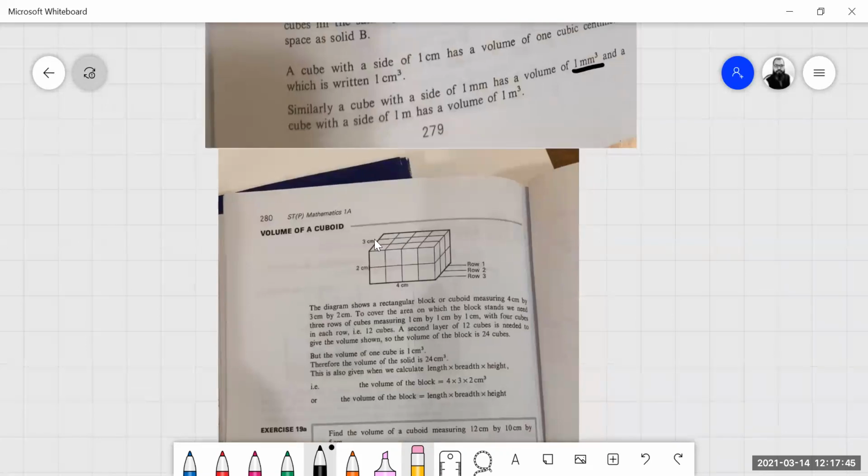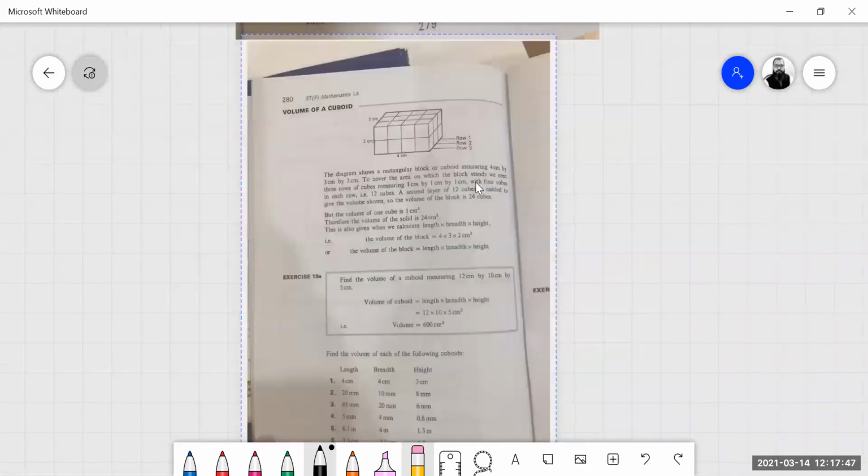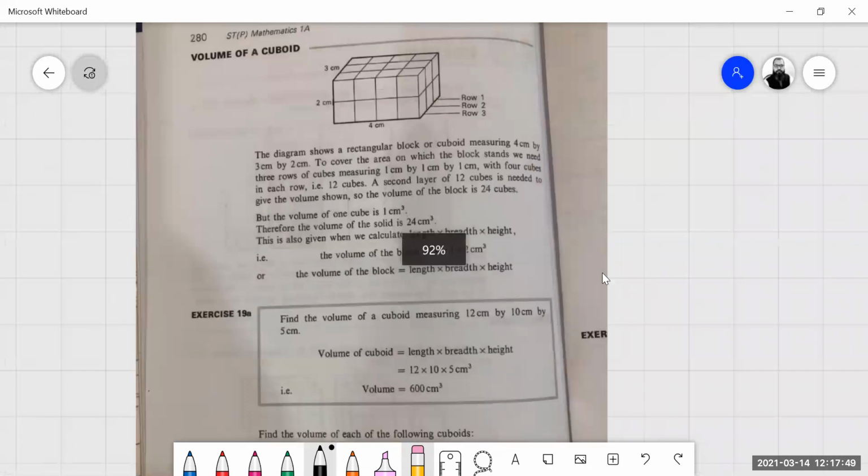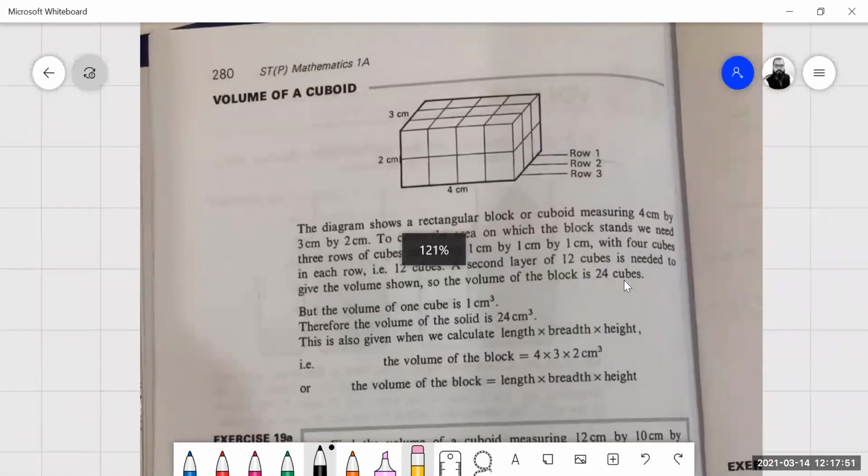Can you see this now properly? This is page number 280. In this diagram, what can you see?